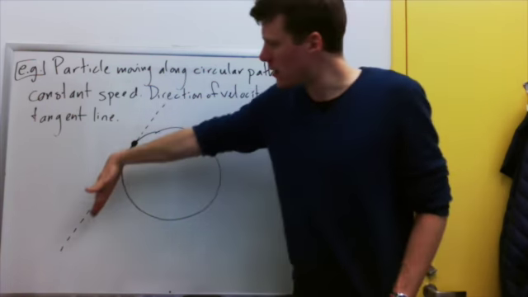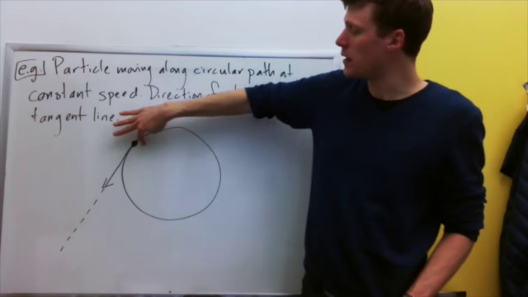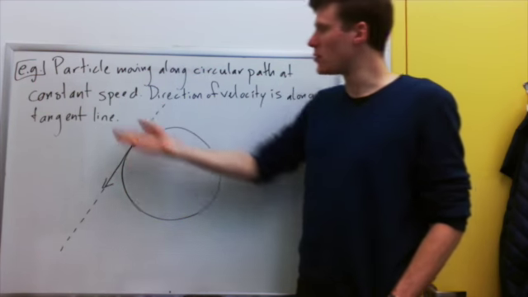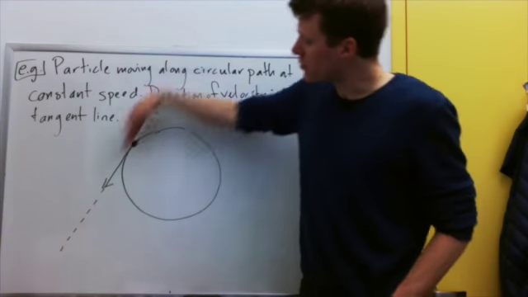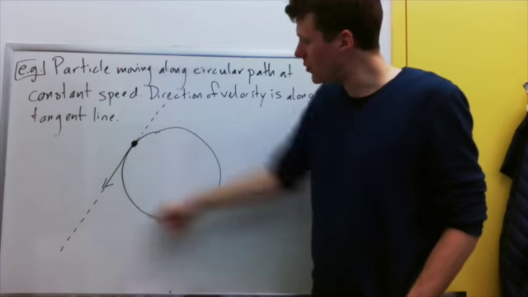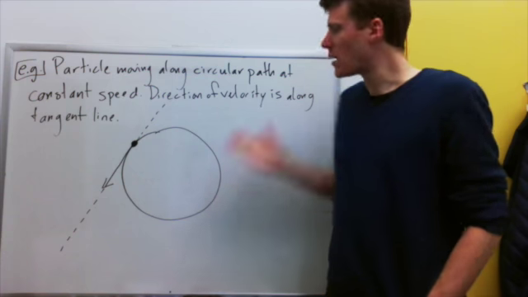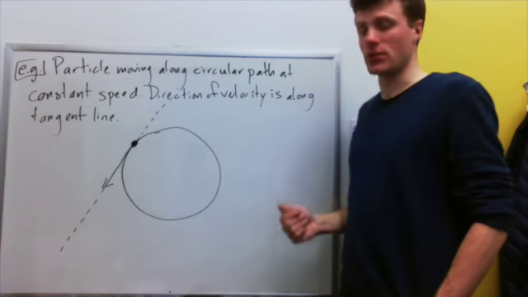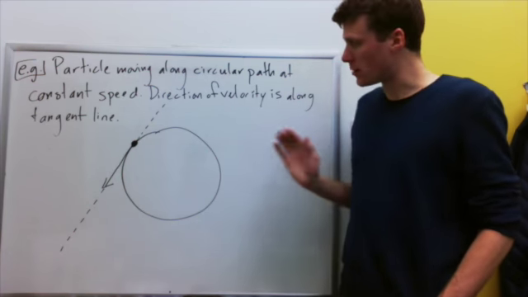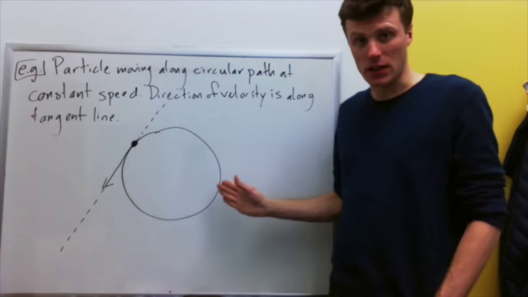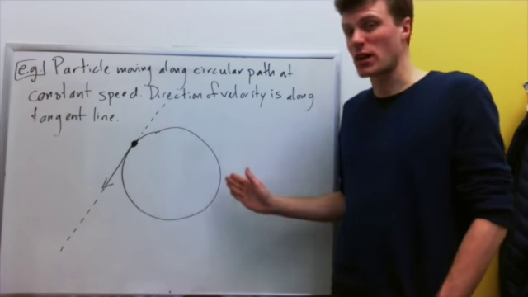So the velocity of the particle at this point right here has magnitude equal to whatever the speed is, but its direction is tangent to the circle. And we need to understand this to be able to do physics sort of problems. So here's one application where I need the tangent line to a curve which is not a function.